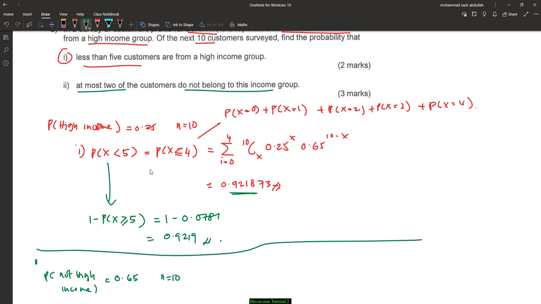So we want to find probability of x less than or equal to 2, at most, right? So this should be probability of x equal to 0 plus probability of x equal to 1 plus probability of x equal to 2.